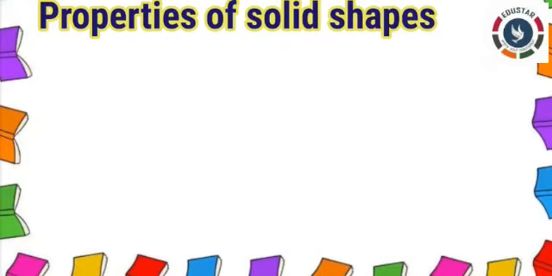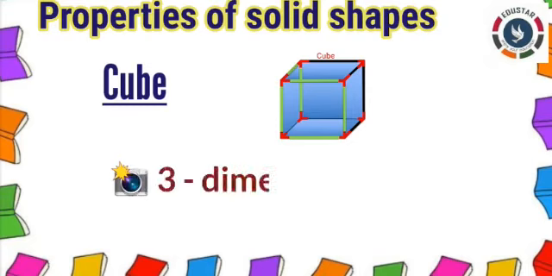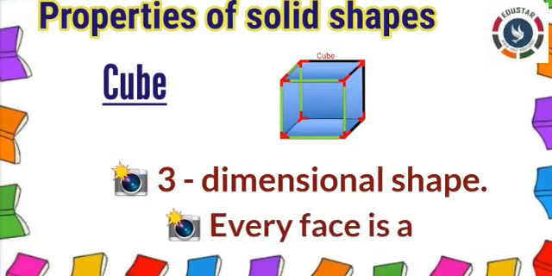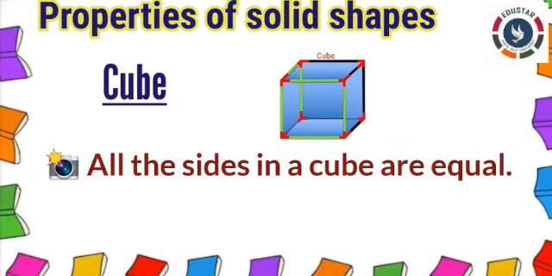First, properties of cube. A cube is a three-dimensional shape with a length, breadth and a height. Cube has all its faces in a square shape. All the sides in a cube are equal.